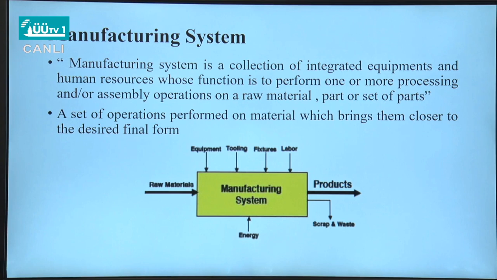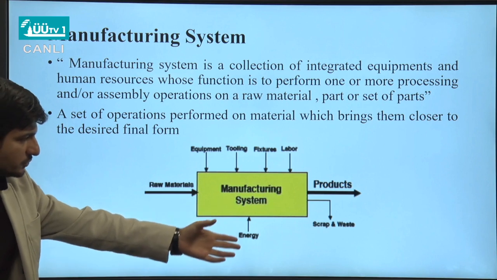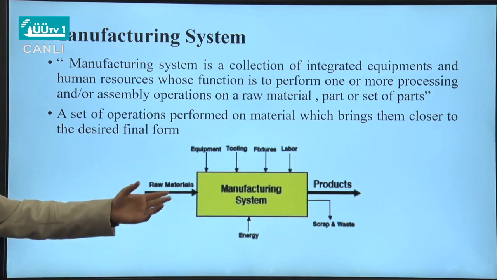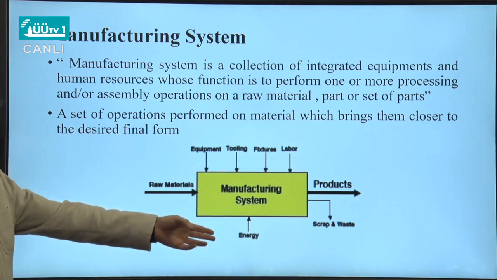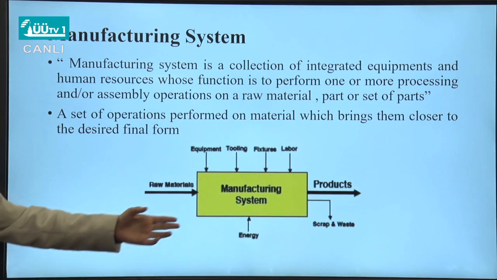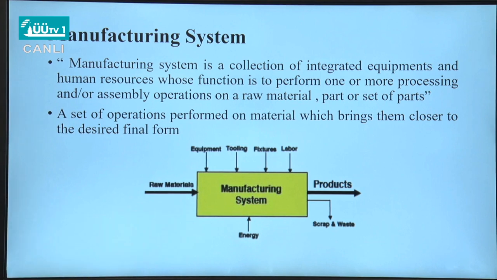We also have support elements, for example, equipment, tools, fixtures, labor, and energy, which support the manufacturing system. And also, as an output, sometimes we can have some scrap and waste of materials that we do not want from an efficiency perspective.